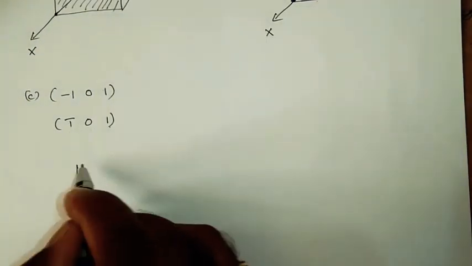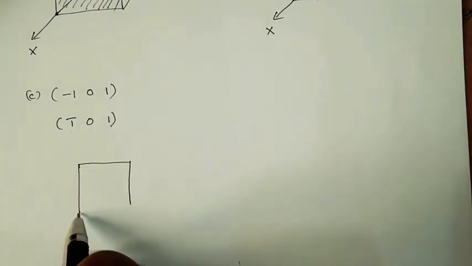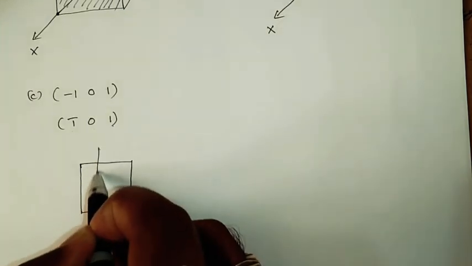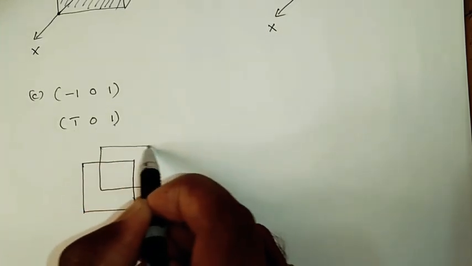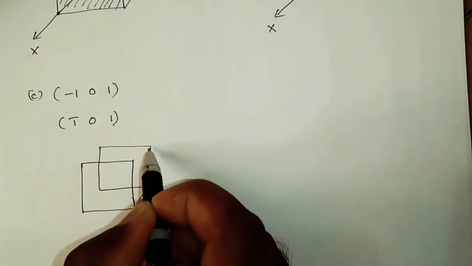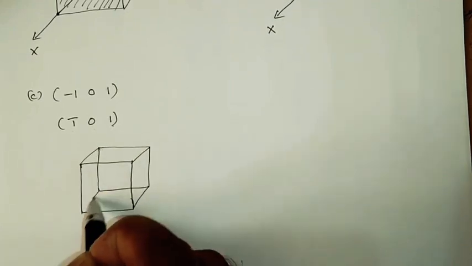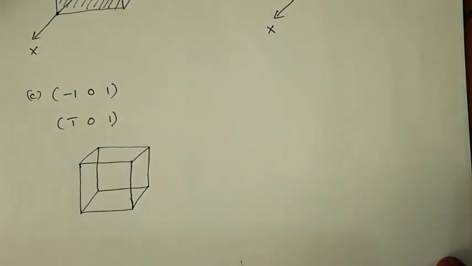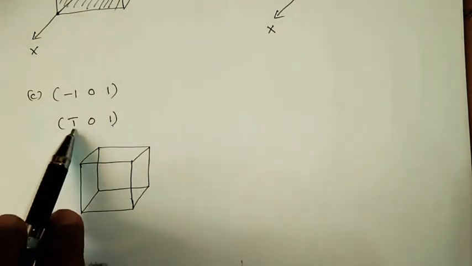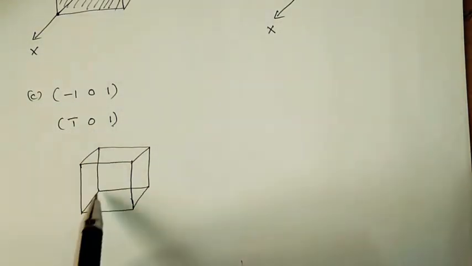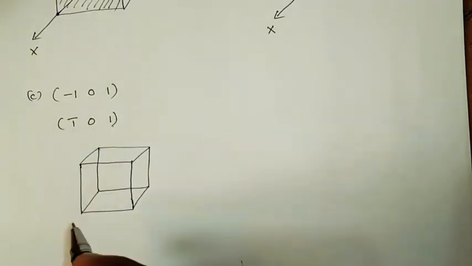So we shall go in this way. First we shall draw the cubic crystal. Fine. And here we have the -1. So the origin cannot be over here. So then we have to create a new origin. So we need -1, right?